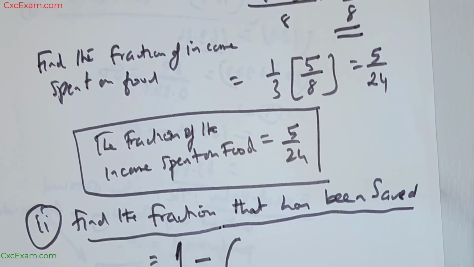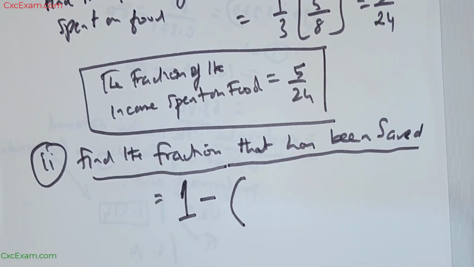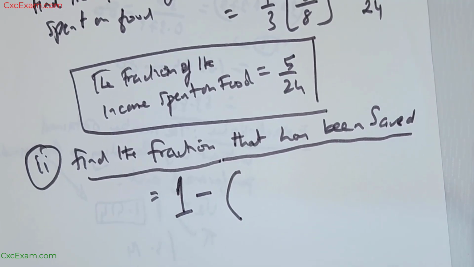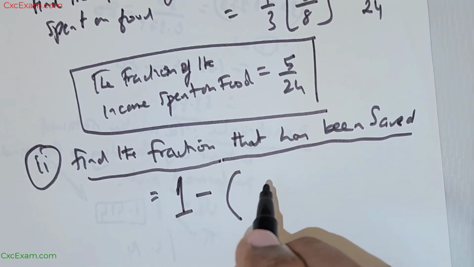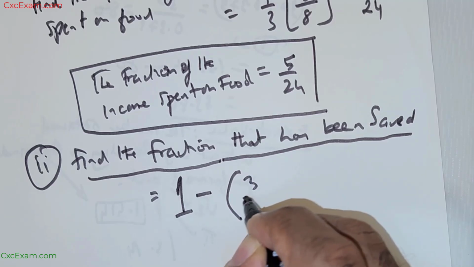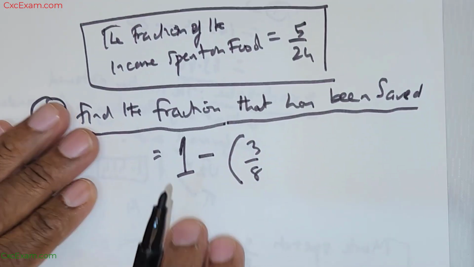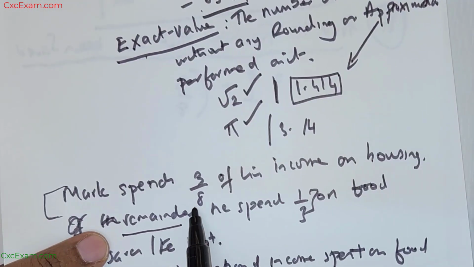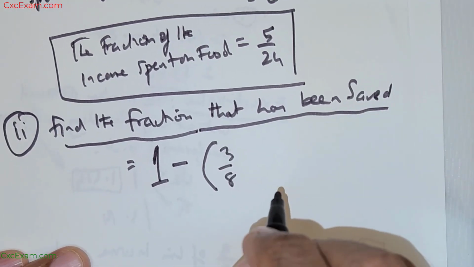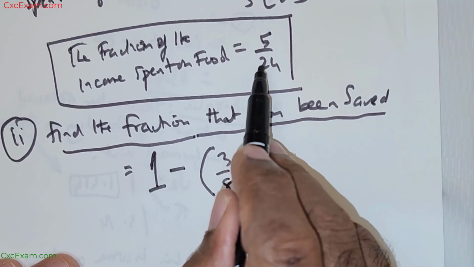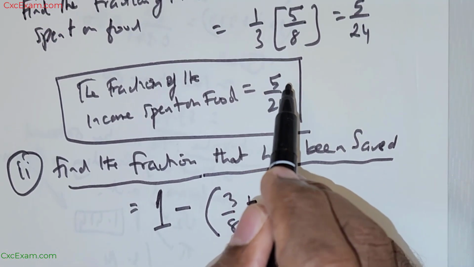So what is the amount of money spent on the house rent? That's 3/8. Right? It's given in the question. It says that 3/8 of the income is spent on housing. So 3/8. And to this, you need to also add the amount spent on food.